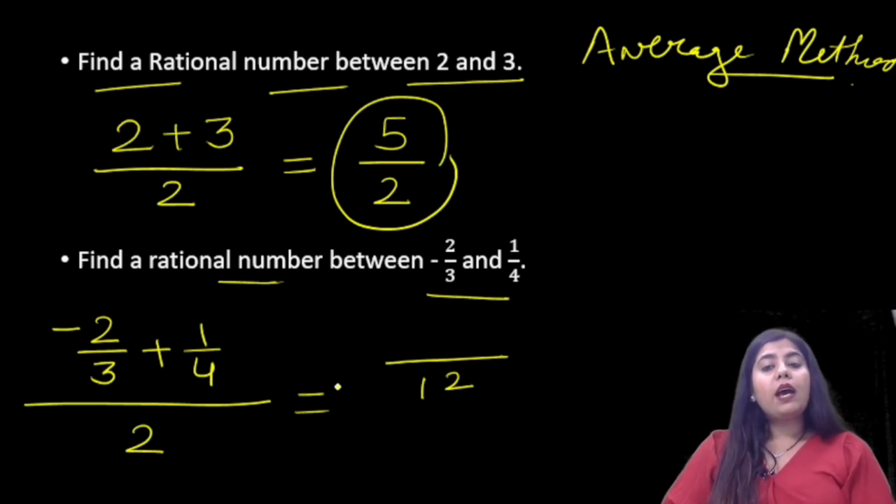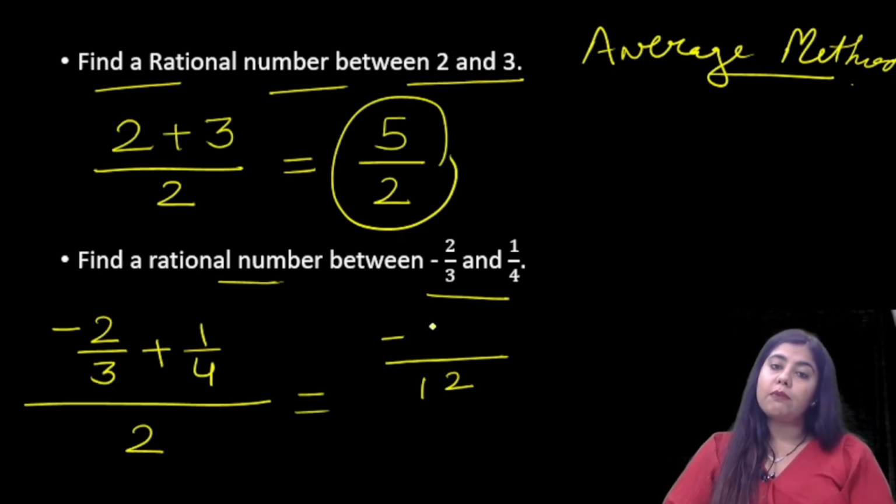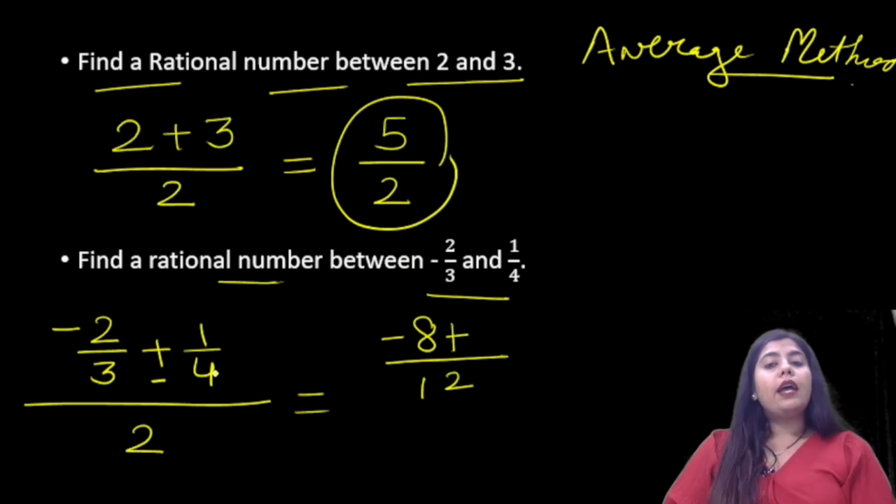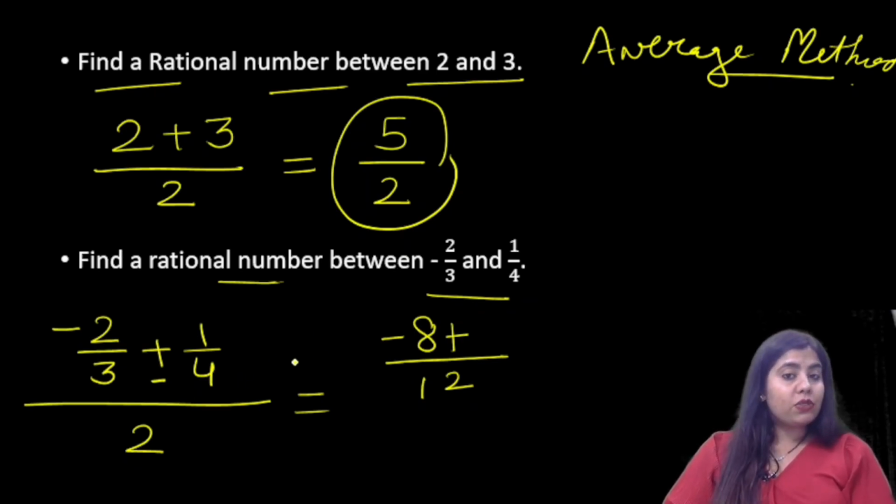Now we divide 12 by 3, we get 4, and multiply it by minus 2, we get minus 8. As the sign of plus is here, we put the same sign. Now 12 divided by 4 is 3, and then we multiply 3 by 1, we get 3 again.